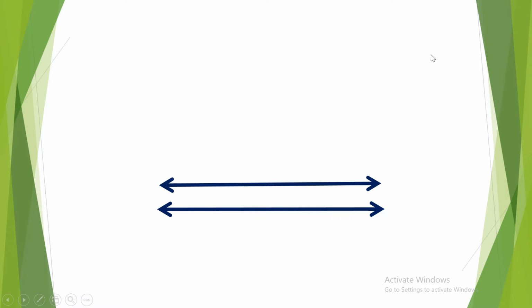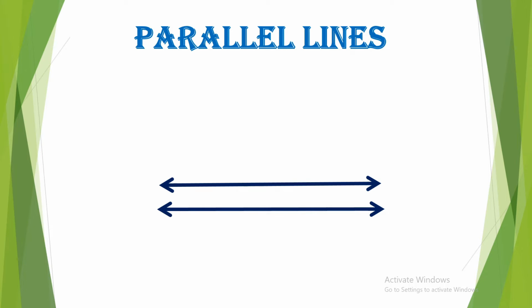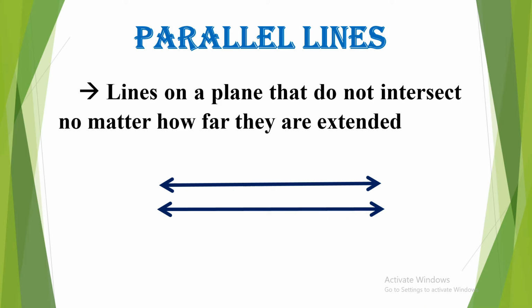They are parallel lines. By definition, they are lines on a plane that do not intersect no matter how far they are extended. So even if we extend them like this or shorten them, these two lines will never meet.